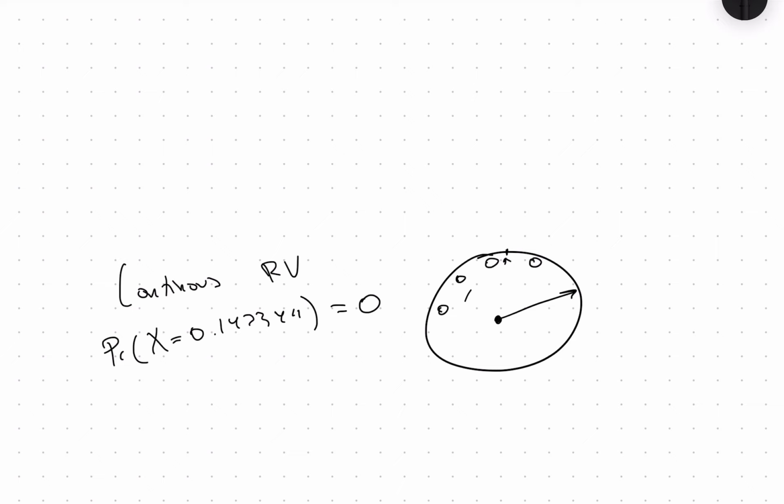So in continuous land, probabilities are in ranges. So what would be easier to ask is, what's the probability that it lands in this quarter? And if the spinner was equally likely to land in every spot, then that would be 1/4.